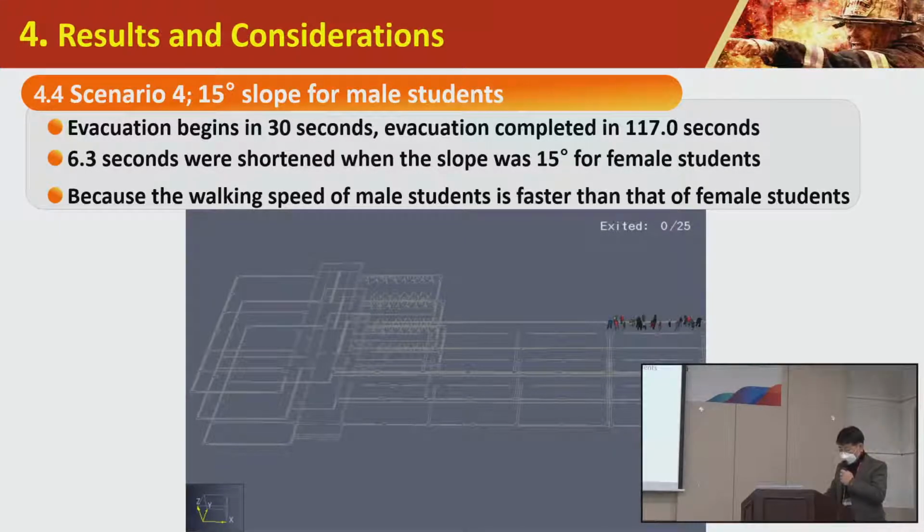This slide is a video of the analysis result of scenario 4. Scenario 4 is 15 degrees slope for male students. Evacuation begins in 30 seconds.